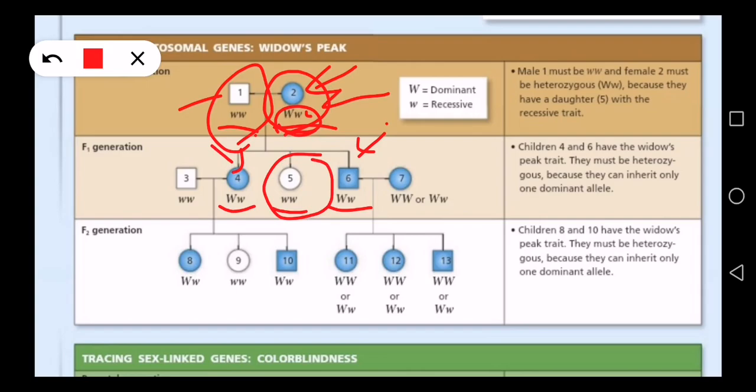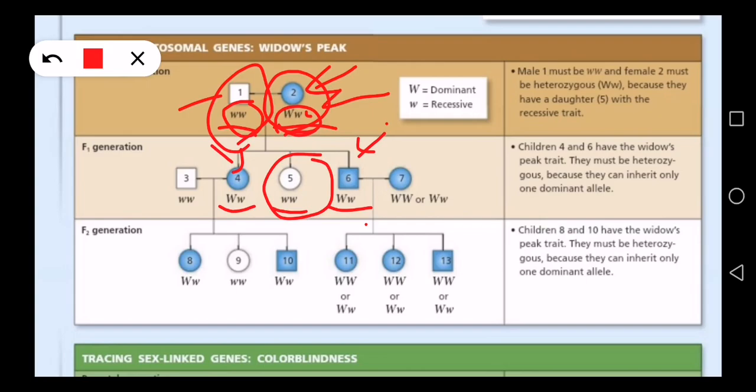Obviously, the genotype of those who have the widow's peak will be W capital W small, because the father does not have the widow's peak, so 100% of the kids will be heterozygous.